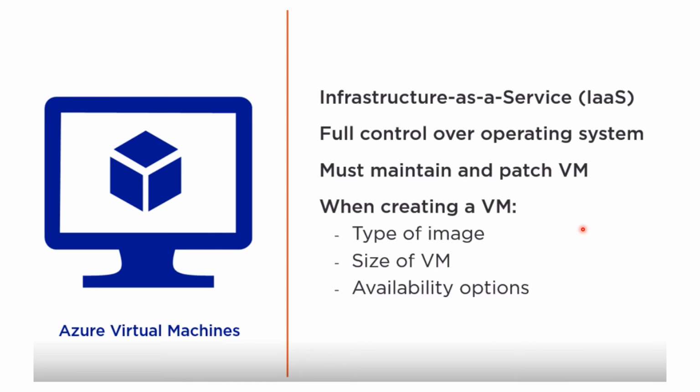For the rest of the things, like management of any routine server tasks, you have to do it by yourself. The things you should keep in mind while creating a VM are the type of image you need to upload, either a Windows or Linux machine, then the size of the machine, what specs you need, what sort of processor or RAM, and then availability options. I have another video already uploaded for this. I'll put a link in the description of this video.